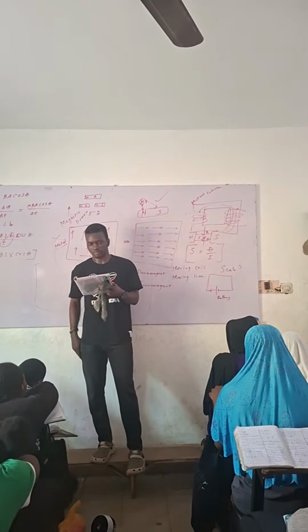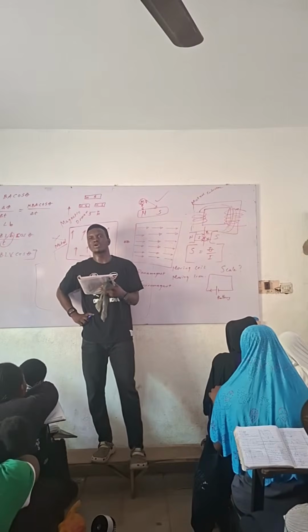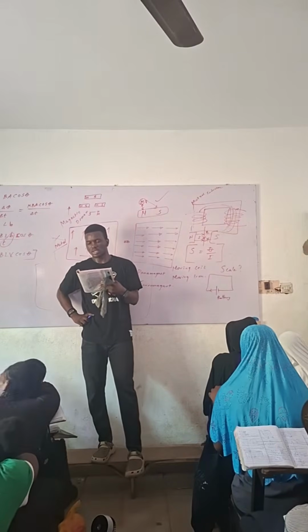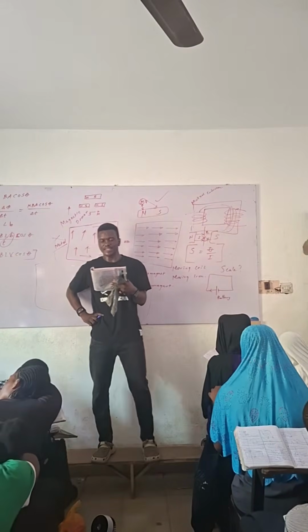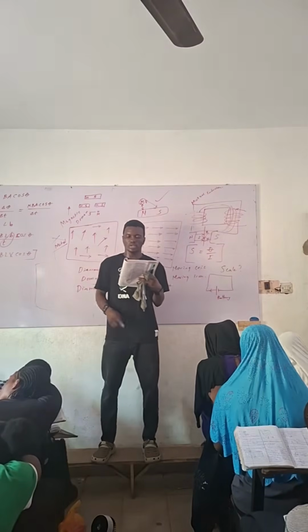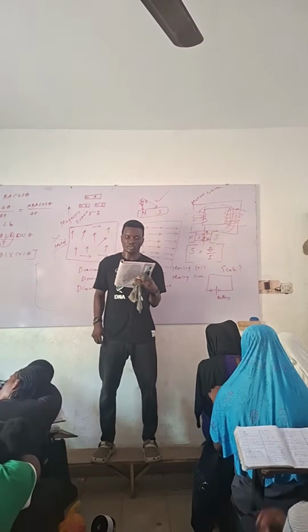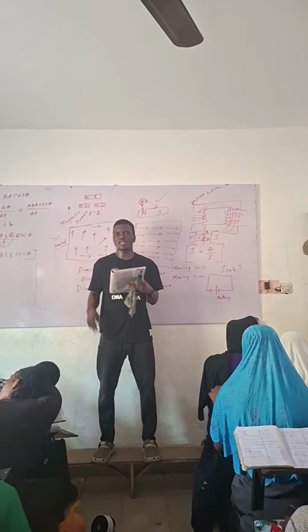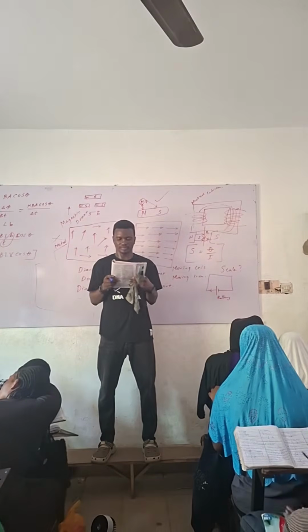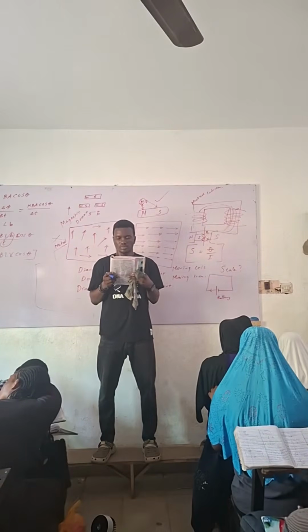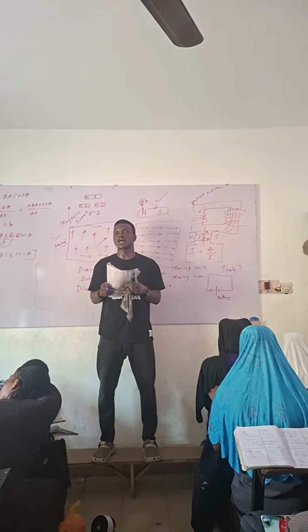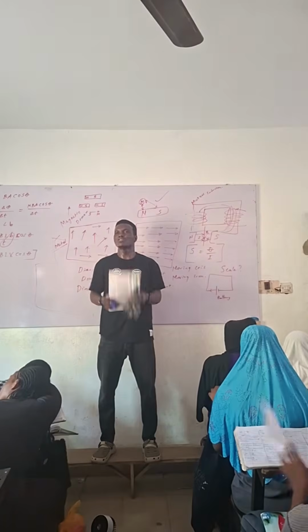Number 14. A transformer has 300 turns of wire in the primary coil and 30 turns in the secondary coil. If the input voltage is 100 volts, what will be the output voltage? Now, let me ask you a question. Without solving this, stand up.